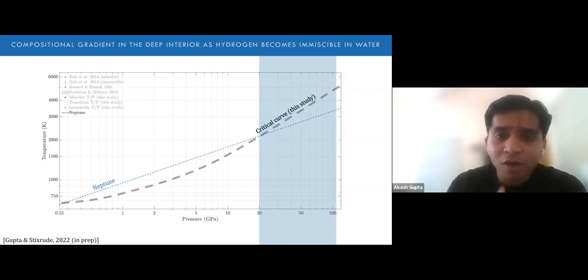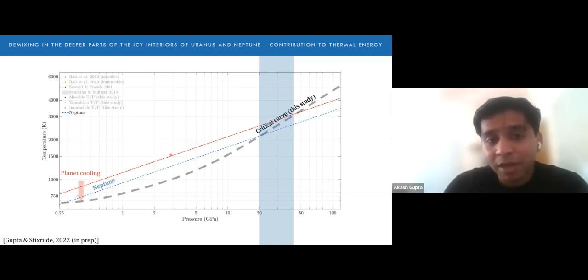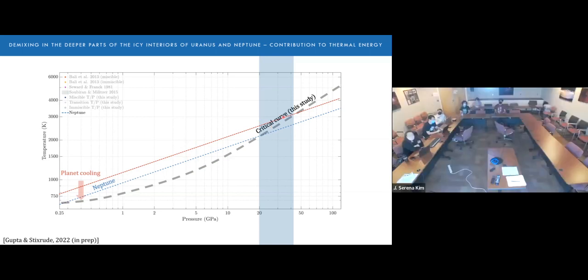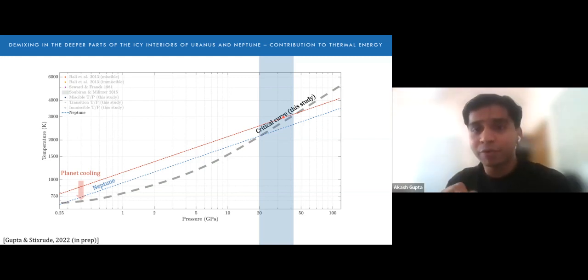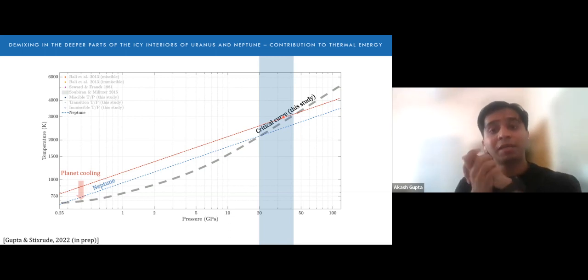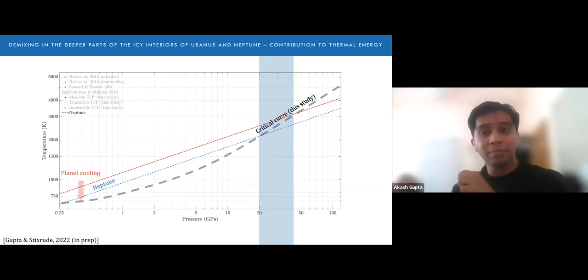And what you will also expect is that as the planet cools, so you can assume that Neptune's adiabat was roughly this red line way back in the past, and as the planet cools and goes from this red line to this blue line, there is a part of the planet's interior where earlier the more thermodynamically stable state would have been for hydrogen and water to be completely mixed, whereas over time it will be more stable for them to be demixed.